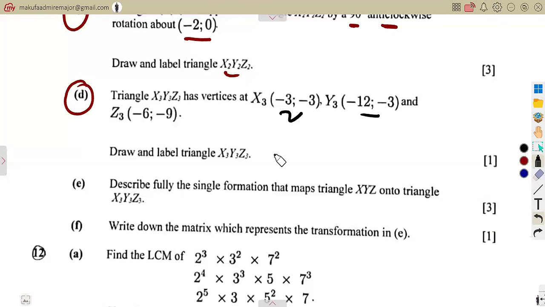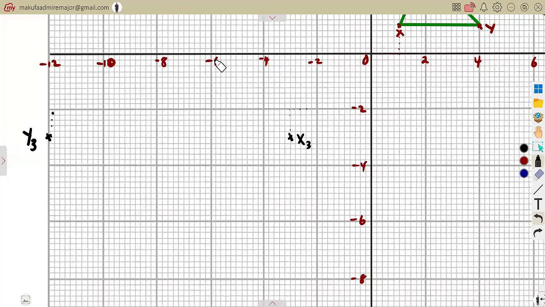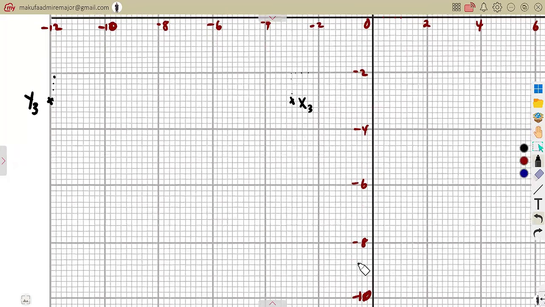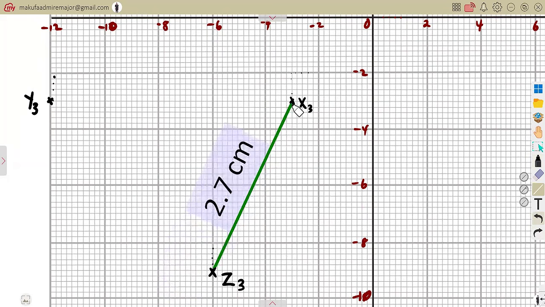Then we also have z3, minus 6, minus 9. Minus 6 here and minus 9, in between minus 8 and minus 10, but under minus 6 down the minus 6 here. So it's going to be 1, 2, 3, 4, 5, somewhere there. That was going to be our z3.